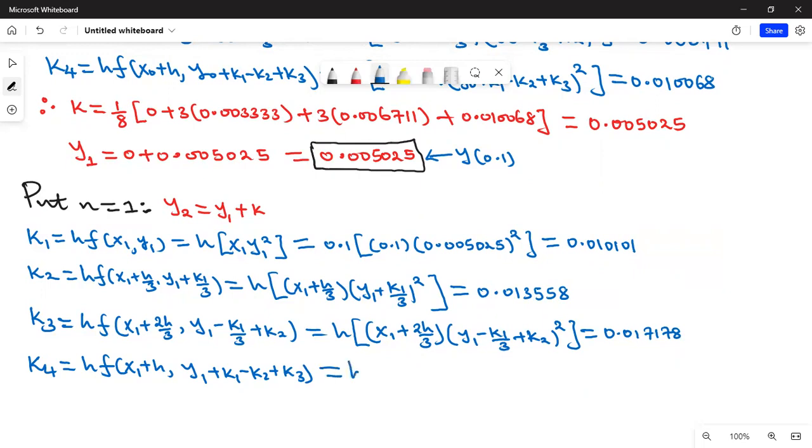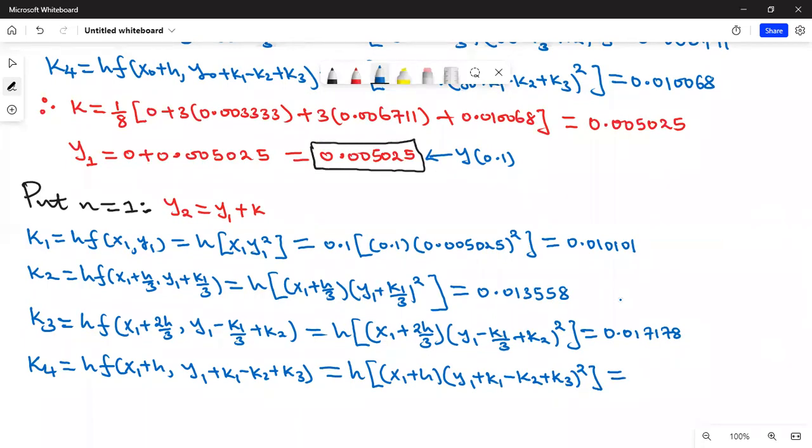Based on our definition of f of x, y, which is x y squared, this should give us x1 plus h times y1 plus k1 minus k2 plus k3, and this is supposed to be squared.